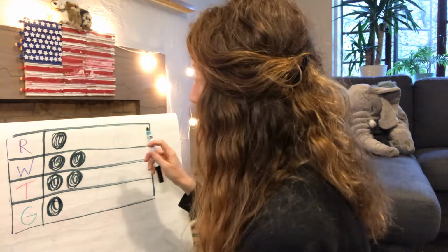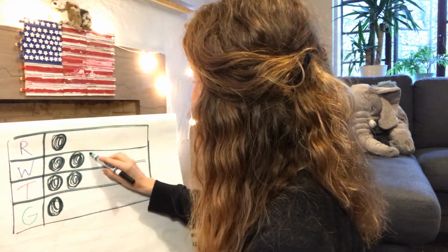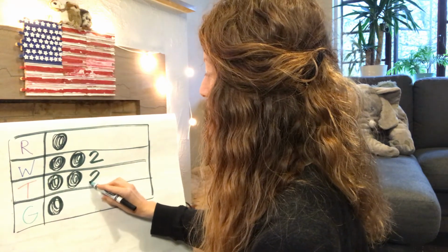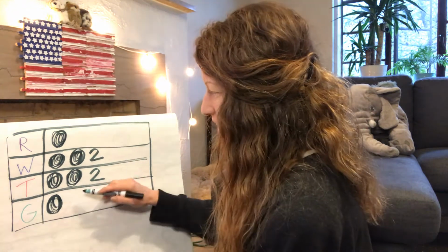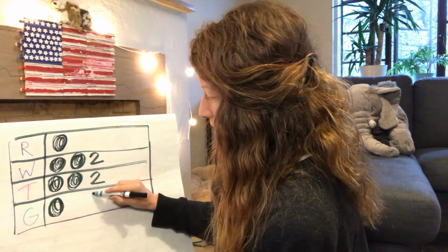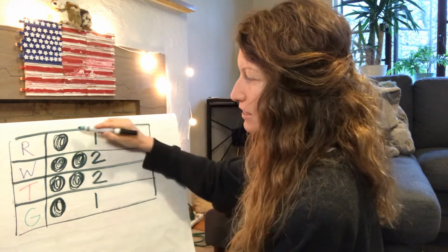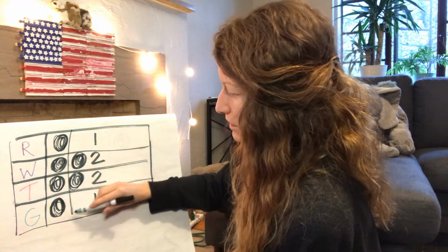It looks like we have a tie. Walking has 2 circles, and talking on the phone has 2 circles. So walking and talking on the phone are my family's 2 favorite things to get to do. Gardening got 1 vote, and reading got 1 vote. So they got a tie for 2nd place.